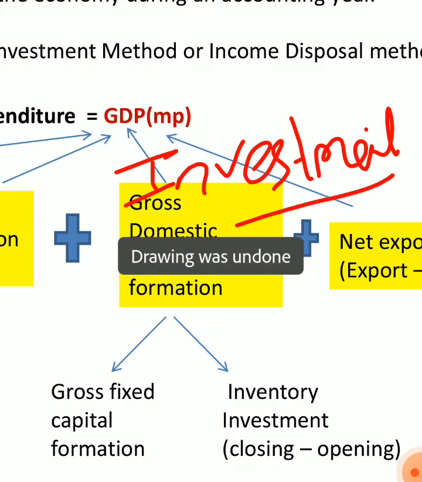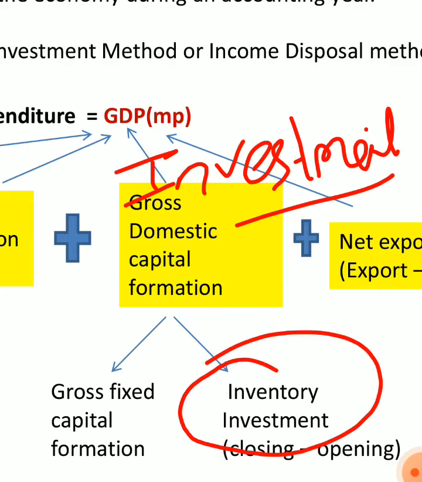Another part is inventory, the stock of raw materials. So the investment made by a businessman is in two parts. First is purchasing of fixed assets like machinery, building, land, etc., and second is purchasing of raw materials, which is also called inventory.